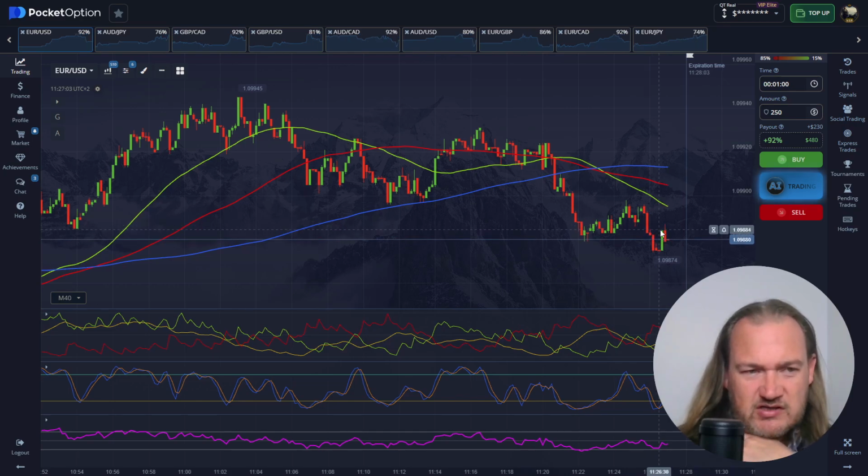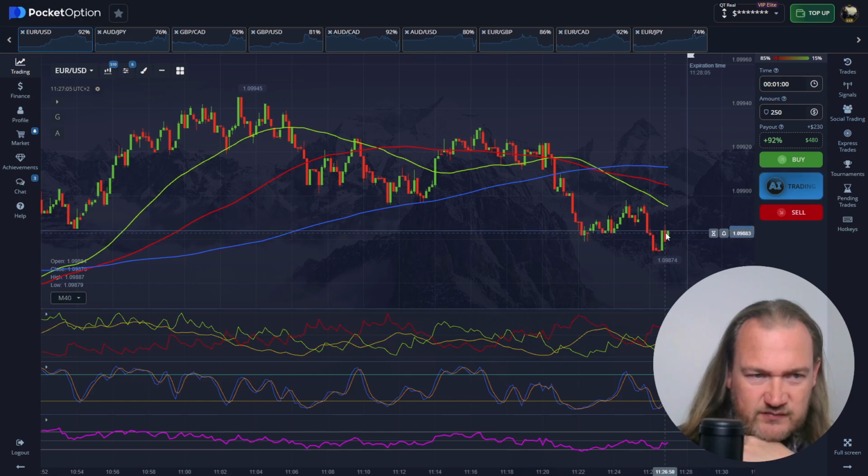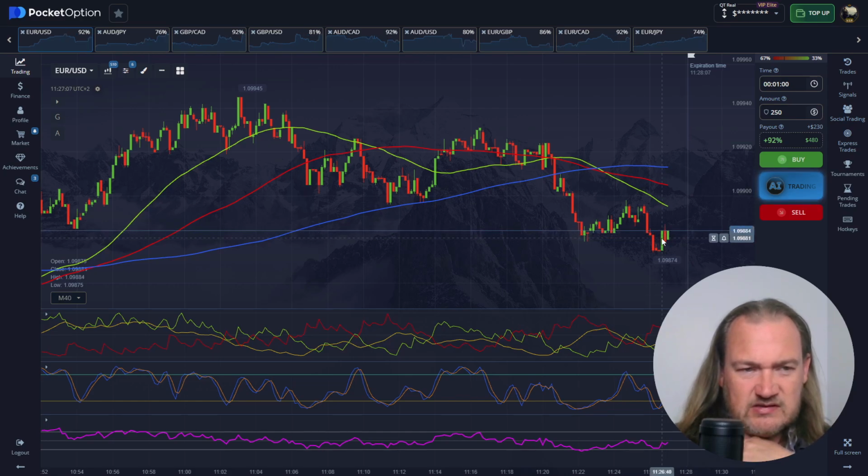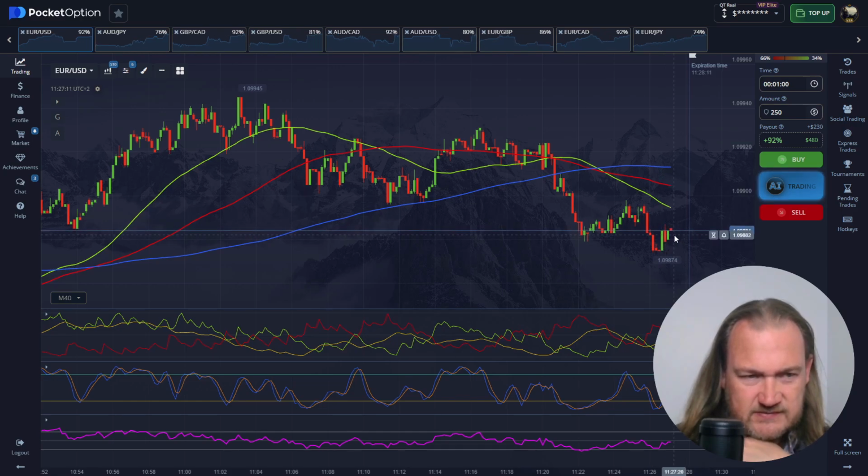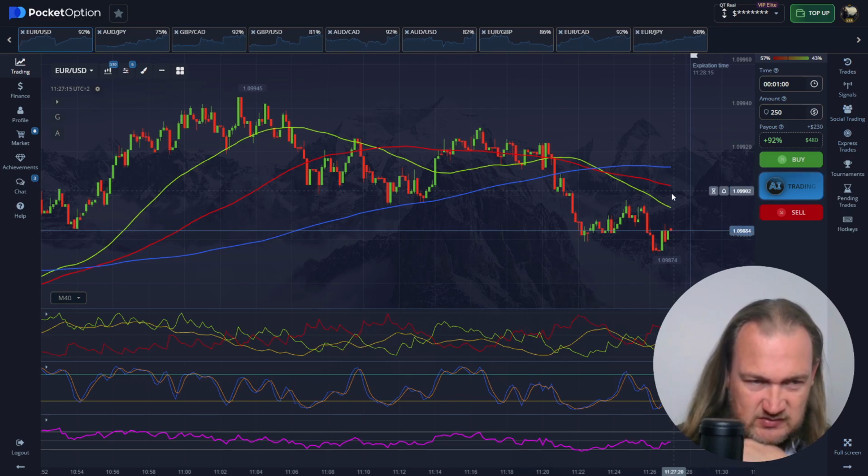Because I know we're moving in a downwards direction, but I'm kind of hesitant to take any trades. I don't know why, but I have a suspicion it's going to spike upwards. It just feels like it's going to.